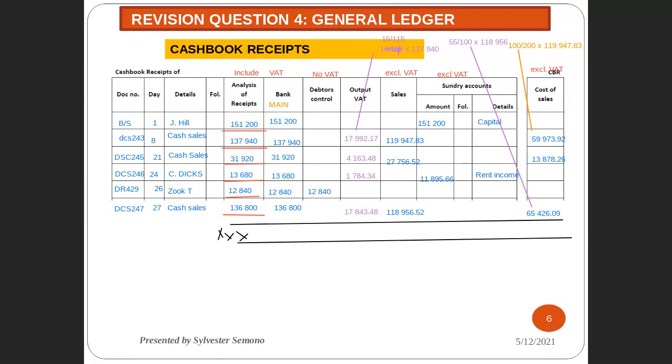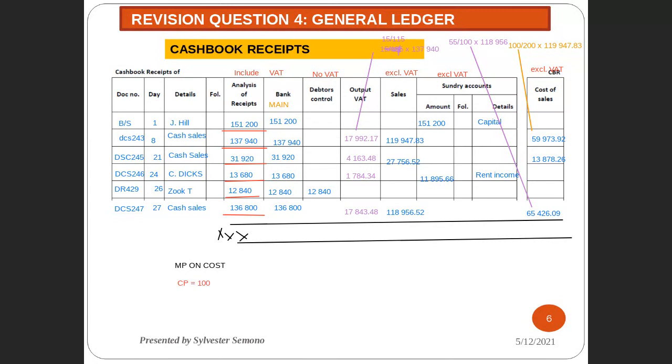So I'm going to write it here. If the markup is on costs, they will always tell you. I told you that they will always tell you. Can you see now? This is how you will analyze. Please don't be lazy to analyze. It will help you a lot. Let's say I'm using 45. So the cost price will always be 100.